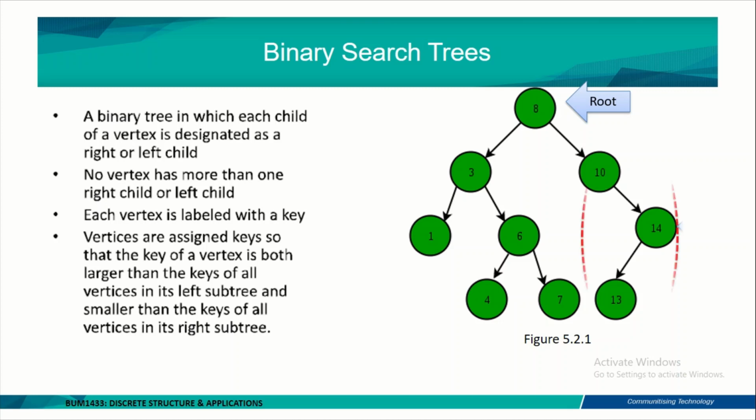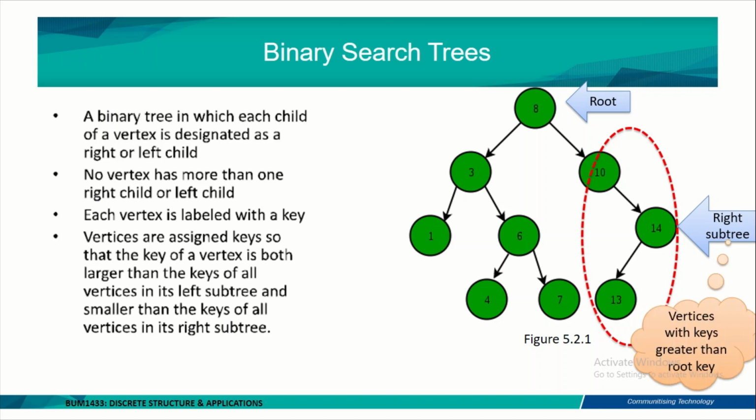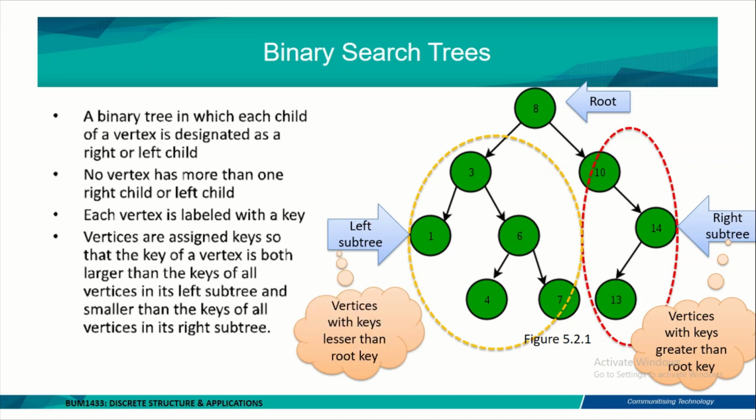For the right subtree, it is the vertices with key greater than the root key, and for the left subtree, it is vertices with key lesser than the root key. Since it is labeled with numbers, we can clearly see that the left subtree has numbers lesser than 8 and the right subtree has numbers more than 8.